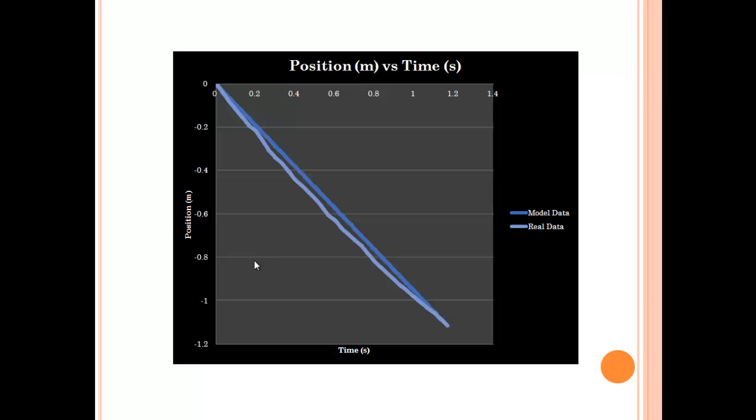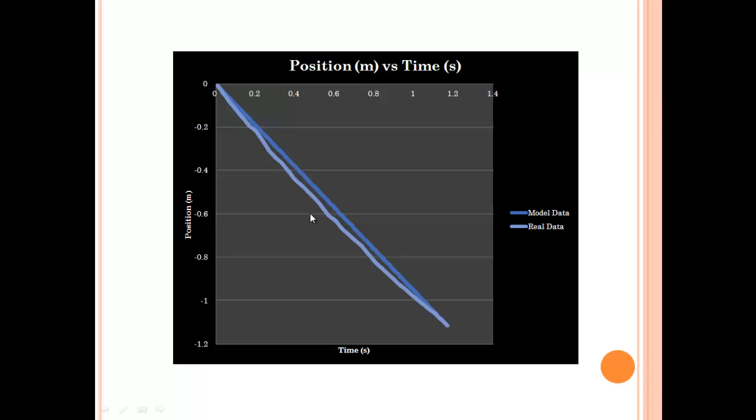Then for the real and predicted data, I plotted these values and I observed that the simulation data over-predicts the position compared to the real data. But if we look at this graph, we can see that the real data is almost the same as the simulation data that I obtained from the Python program.